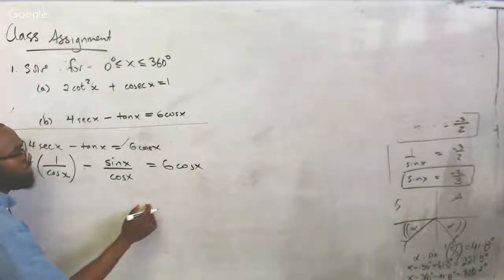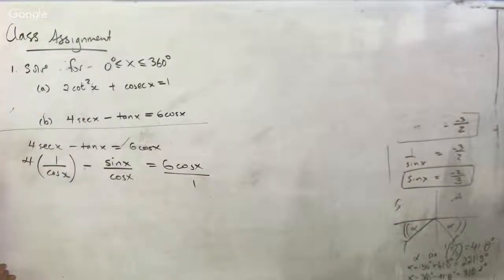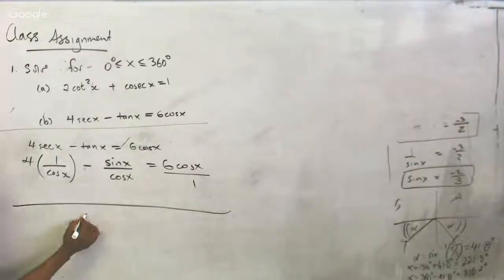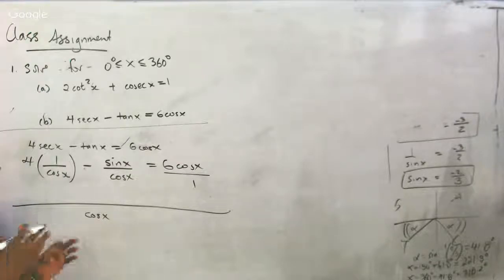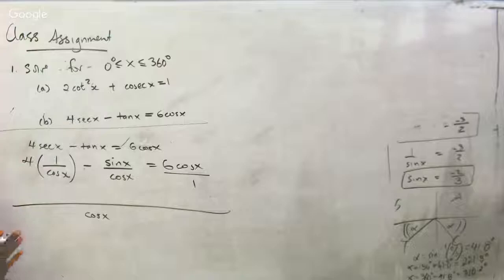Everything is a fraction, so why not make everything a fraction? Everything on this side, I can find the LCM of the whole thing. What's the LCM of the whole thing there? Cosine, a single cosine. So use cosine squared, but it doesn't matter. We'd have simplified and it would have been alright.